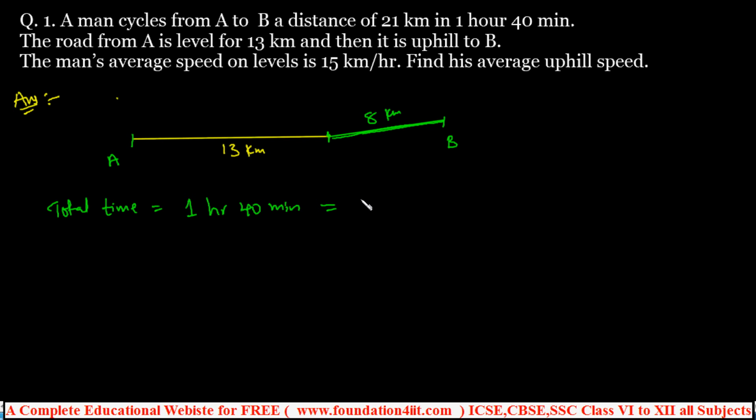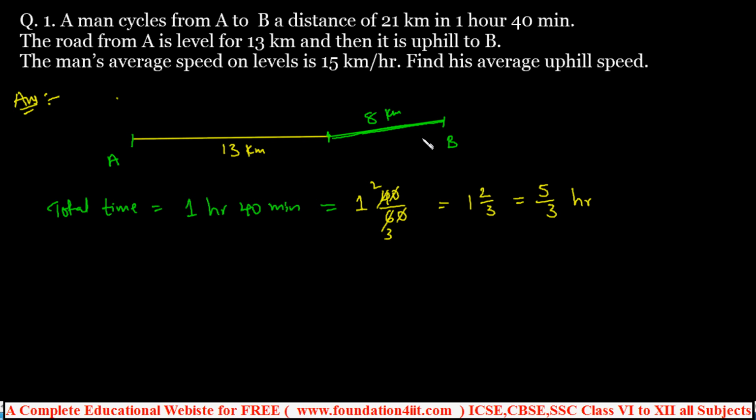To convert into hours, you can write 1 and 40 by 60, because 60 minutes is 1 hour. You can simplify this: 2 by 3. So 3 ones are 3 plus 2, so 5 by 3 hours is the total time taken from A to B.